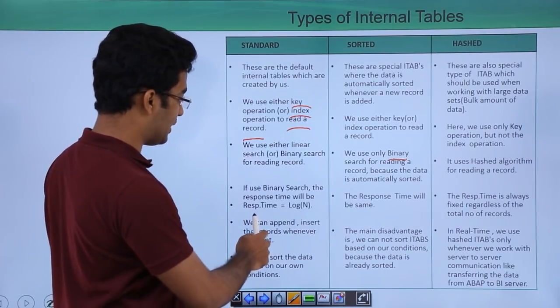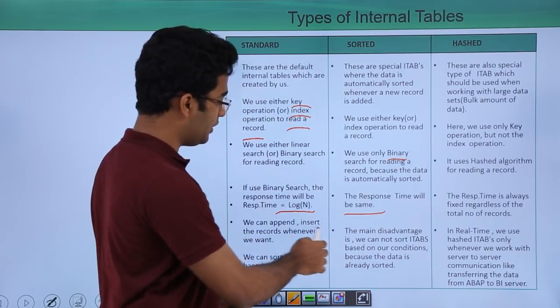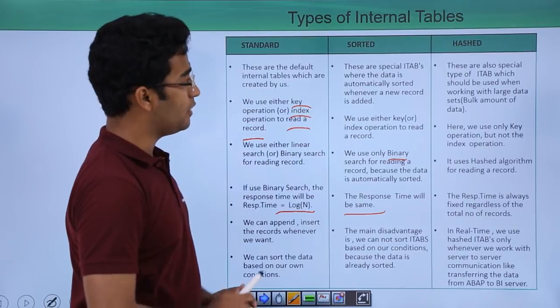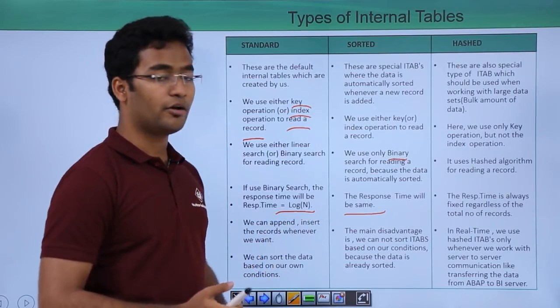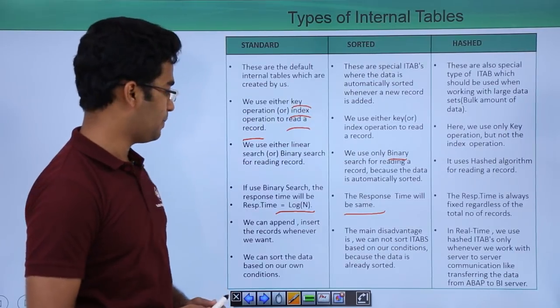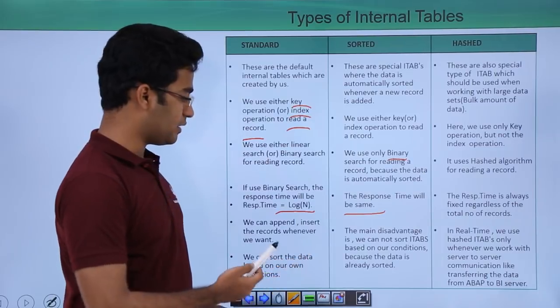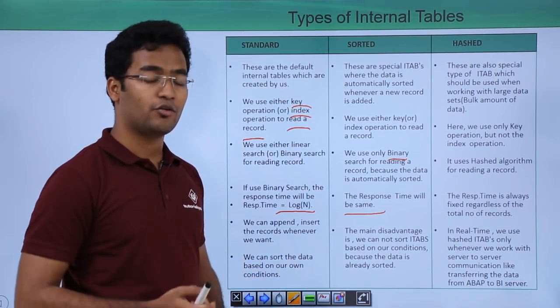Moreover, the response time for standard is log n time, and similarly for the sorted one it takes the same log n time. The response time in case of hashed stays the same regardless of the total number of records. In case of the standard one, we can append or insert the records wherever we want, and we can also sort the data based on our own condition.